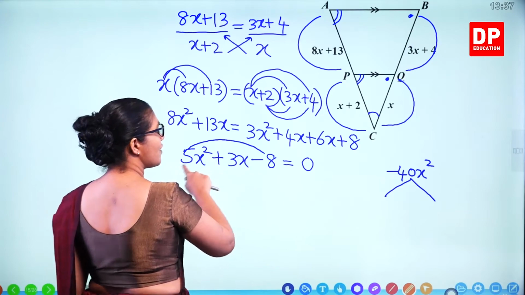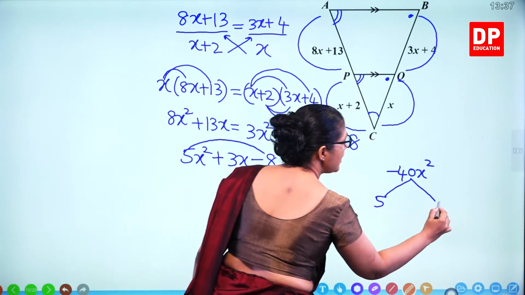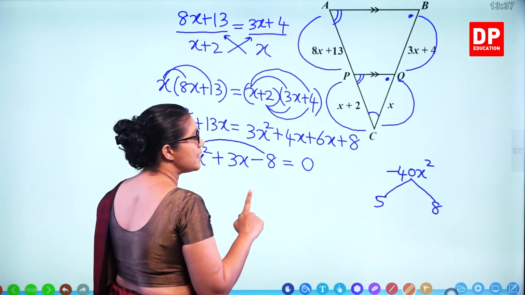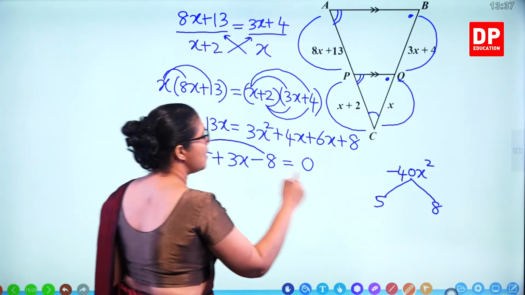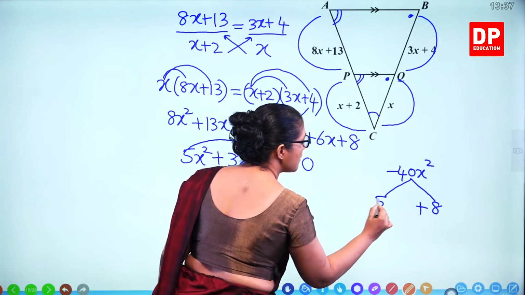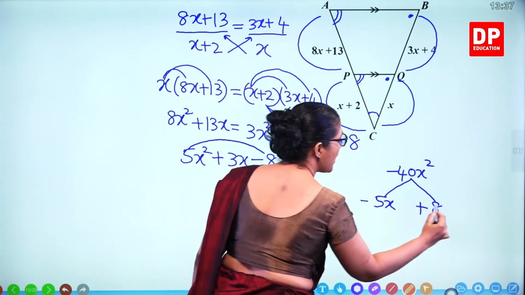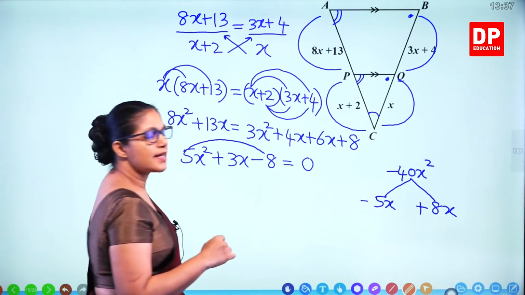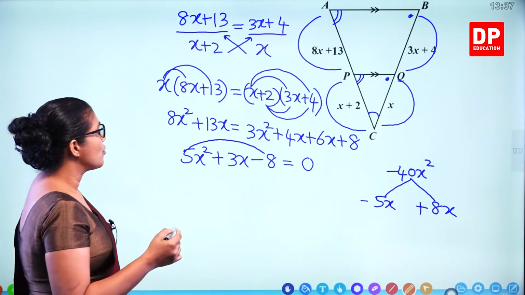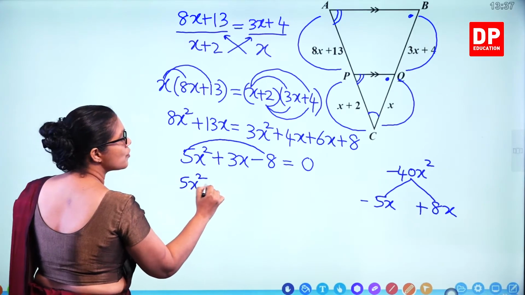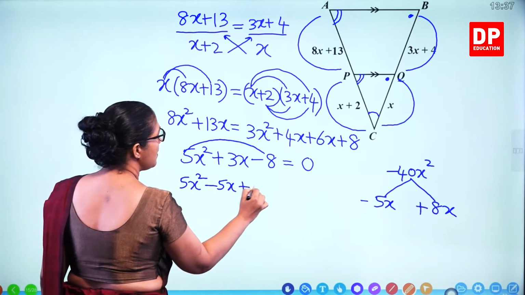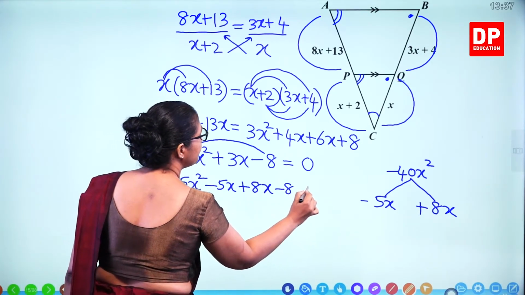From this also you can get 5 times 8. So that means this is negative and this is a positive middle term. The bigger number is positive and this one is negative. So minus 5x and 8x are the factors. So you can split the middle term into minus 5x and plus 8x.